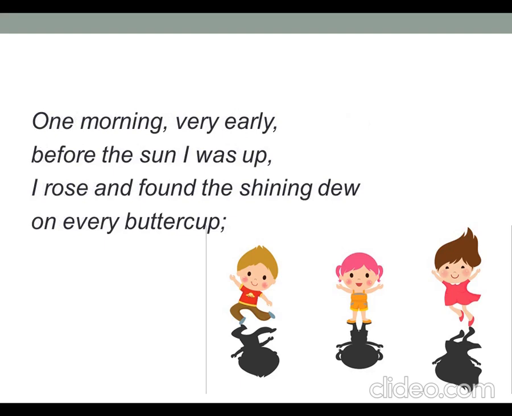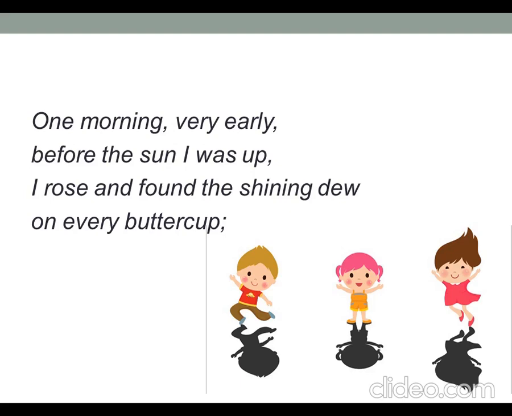One morning very early, before the sun was up, I rose and found the shining dew on every buttercup. So the poet talks about an incident where one morning he wakes up before the sun. Before the sun means before the sunrise. When the poet wakes up, he rose and found the shining dew.